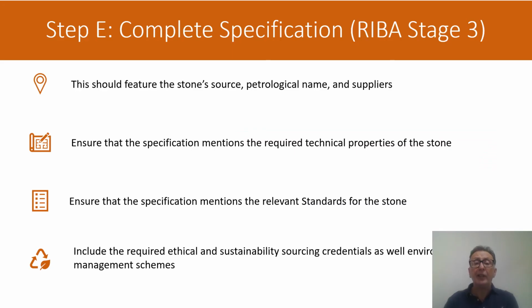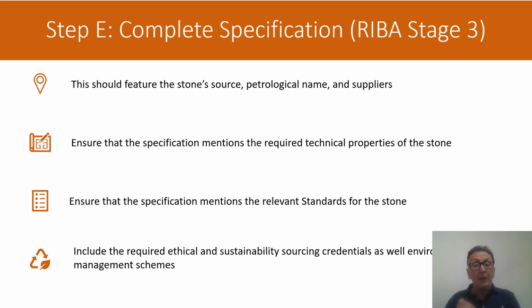If the 4 earlier stages of the selection process have been carried out, that should position you well for step E, the 5th stage in the process, which is to complete the specification. Any specification should establish quite clearly the stone's source, its petrological name, or the detailed scientific name and type of the stone, and the preferred supplier or suppliers.